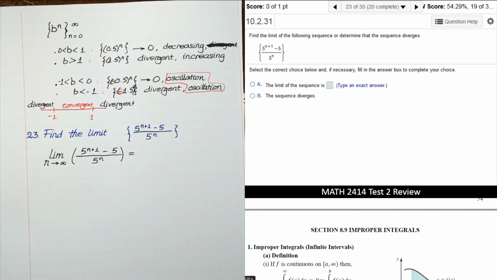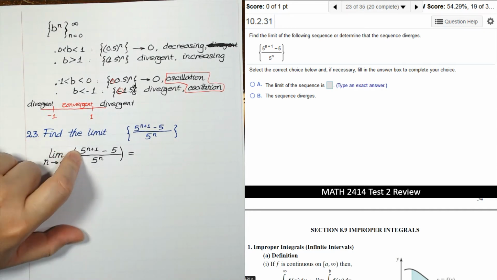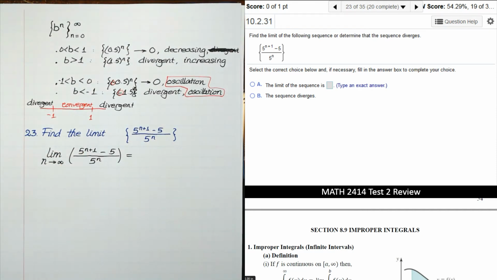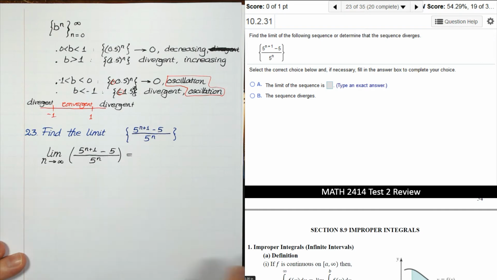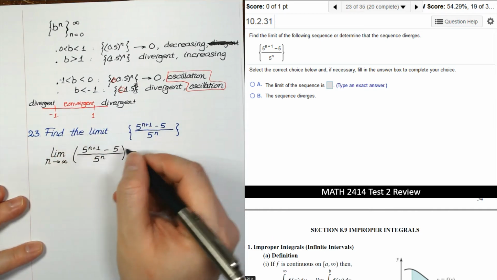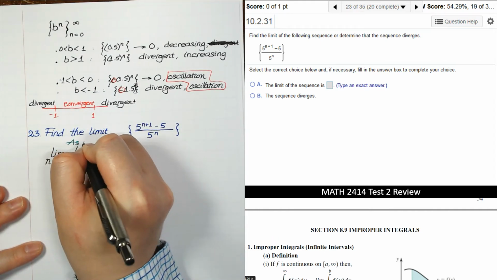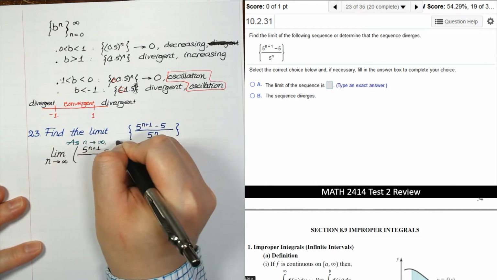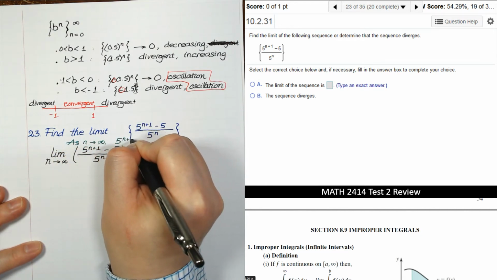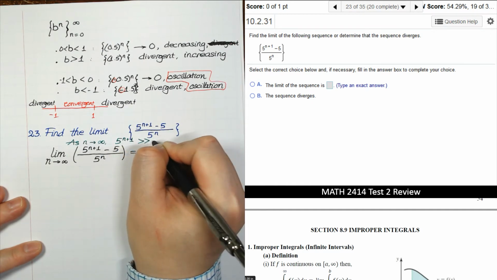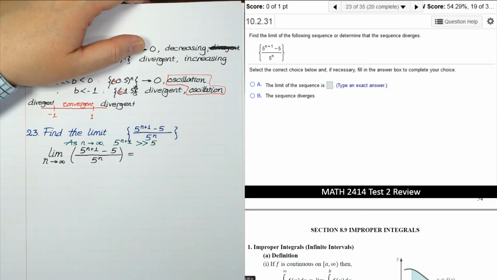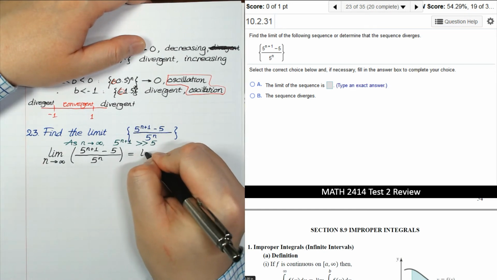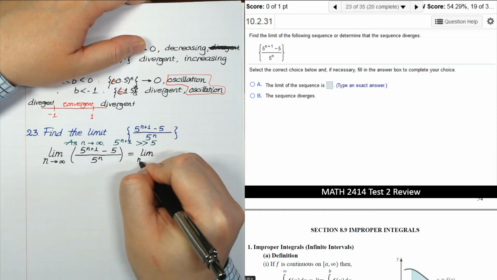Right, so when we look at this, when n goes to infinity, 5 to the n plus 1 is extremely big. So as n goes to infinity, this one is a lot bigger than 5. So if it's too big, we just drop it completely and nothing changes.